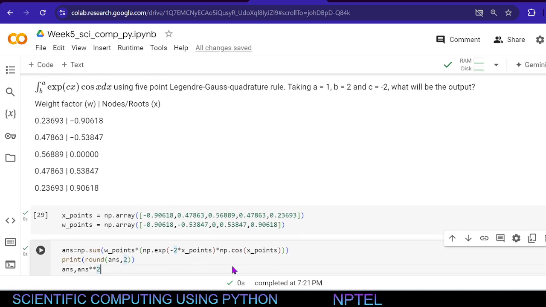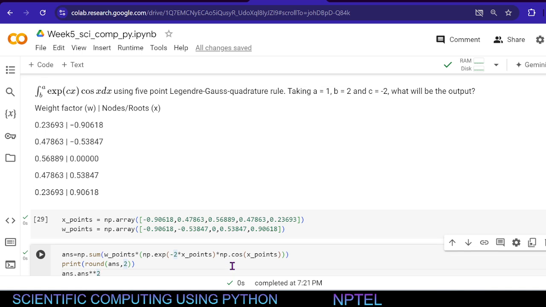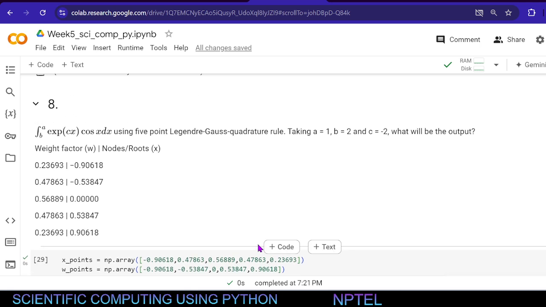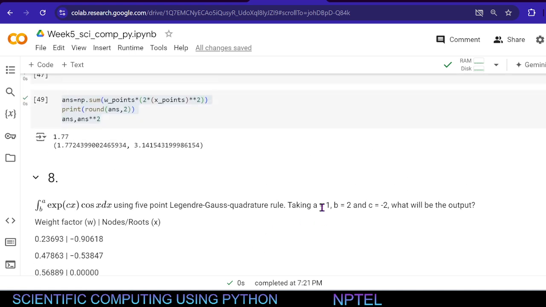Can you see something about the limits there? Sorry? Okay. What about the limits? Oh, the limits. Oh, okay. So you are saying limits should be taken care of. Yeah, you are right. The limits are 1 and 2.